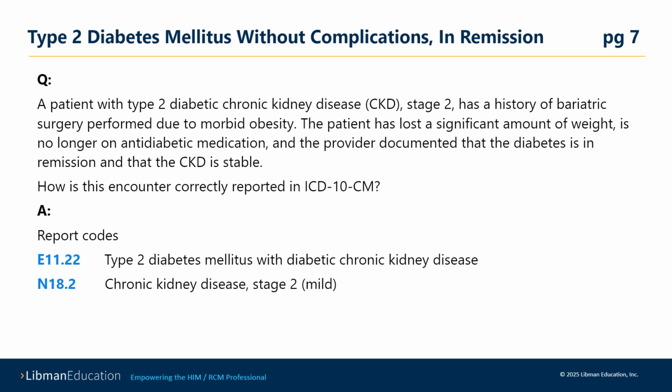Referencing the Excludes1 note at E11.A, type 2 diabetes mellitus without complications in remission, codes for type 2 diabetes mellitus with complications E11.0 through E11.8 cannot be reported with code E11.A.